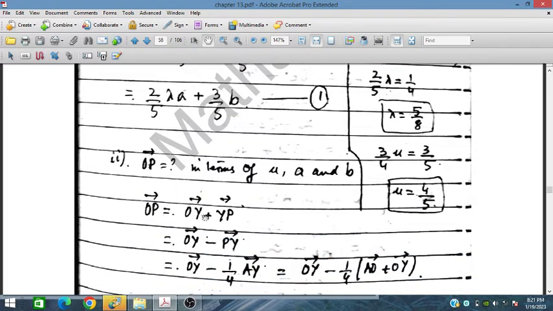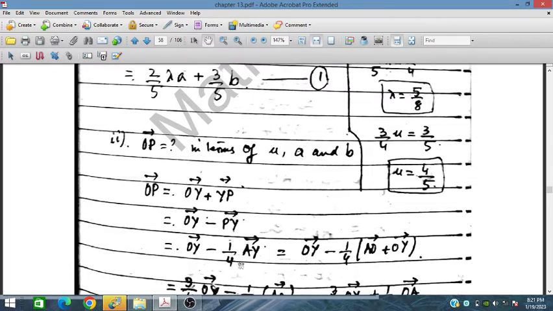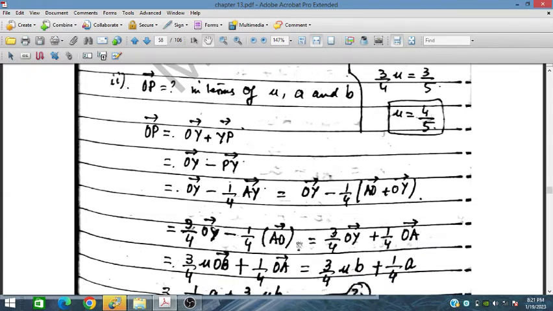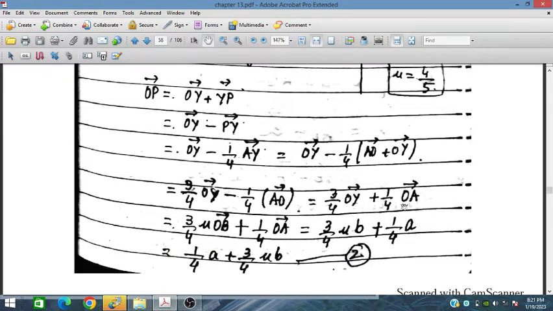We have OP equal to OY plus YP. YP is basically PY, and PY is given as 1 over 5 of AY. AY is AO plus OY, so OP is 3 upon 4 OY plus 1 over 4 OA, where the negative sign changes AO to OA.